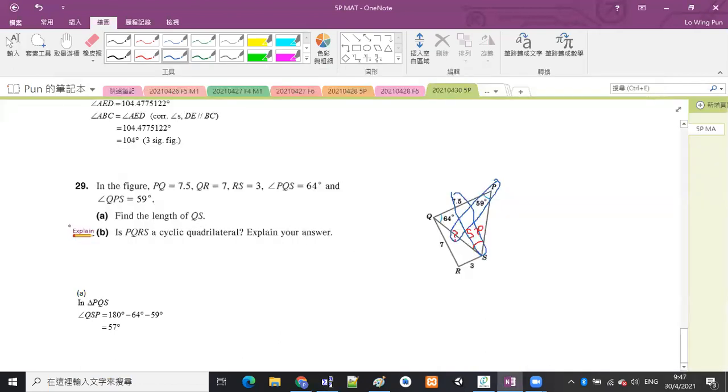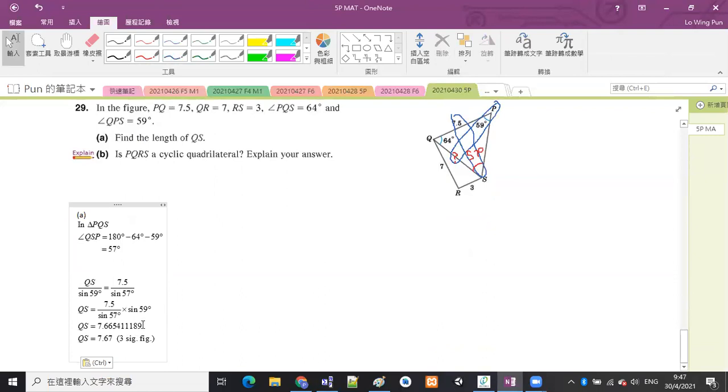This is the answer for part A. But we have a long decimal number here, and we still have part B. We may need to use this length of QS later, so we better save this long decimal number to our calculator memory A first. Answer, store to memory A, okay?